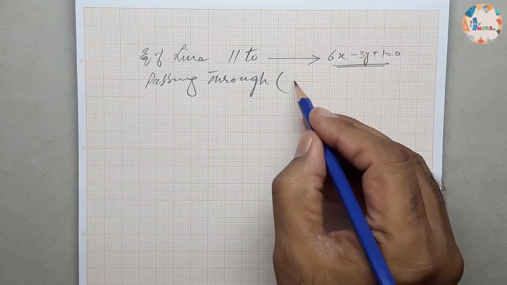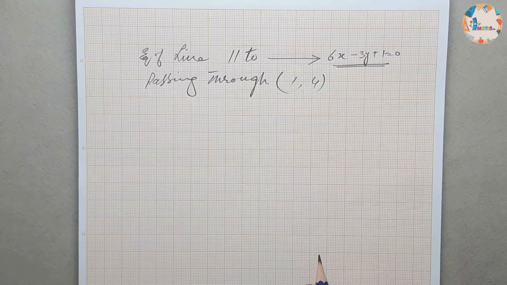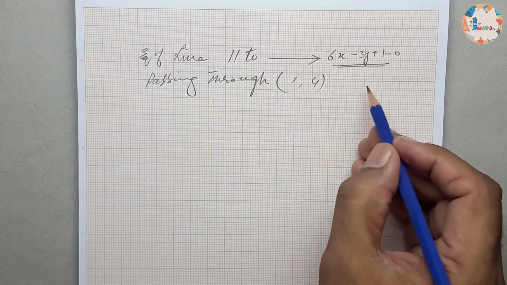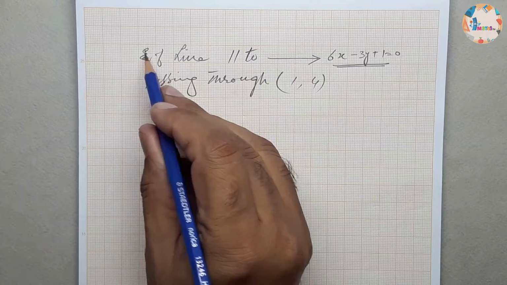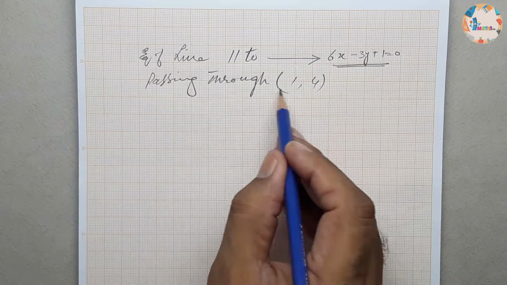For example, we can take 1 and 4. This is the point and this is the equation, and we have to find the equation of the line which is parallel to this one and passing through this.